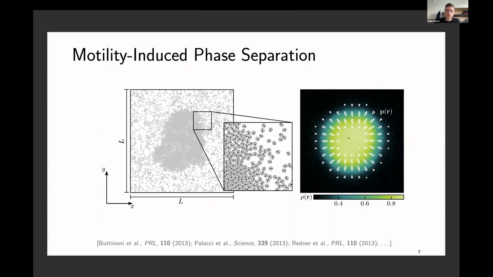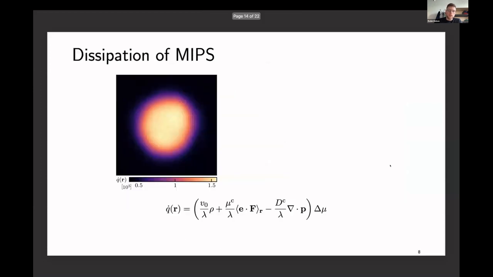So the color here is just the density, and unsurprisingly, the density is highest in the cluster center. And then the arrows indicate the polarization field, and you see that particles tend to polarly align along the interface and point inwards. So with this, we can now immediately calculate the dissipation rate, and what we find is that the dissipation rate closely resembles the density field, which is probably unsurprising for most of you, because wherever particles are present, they will use up energy, they will dissipate energy, and if particle density is higher, this dissipation rate will just increase.